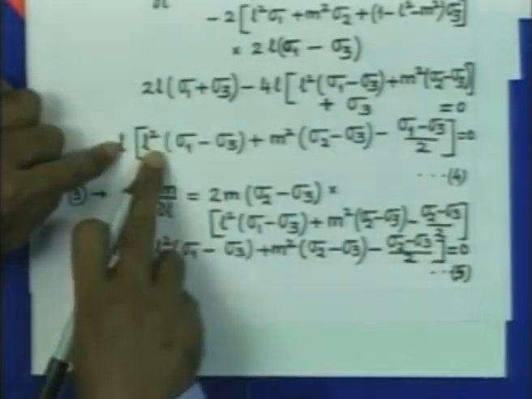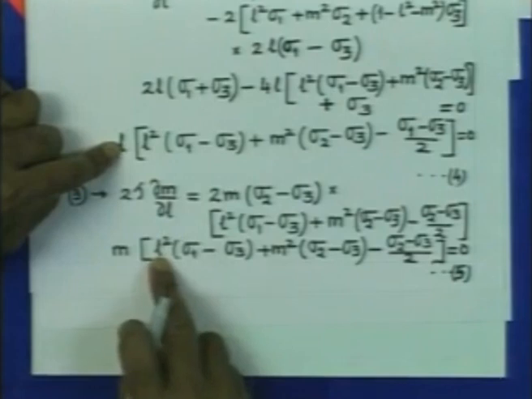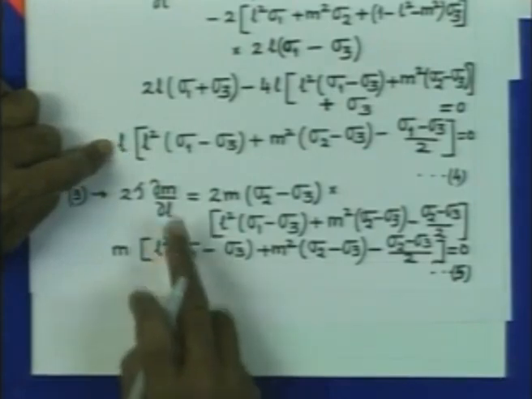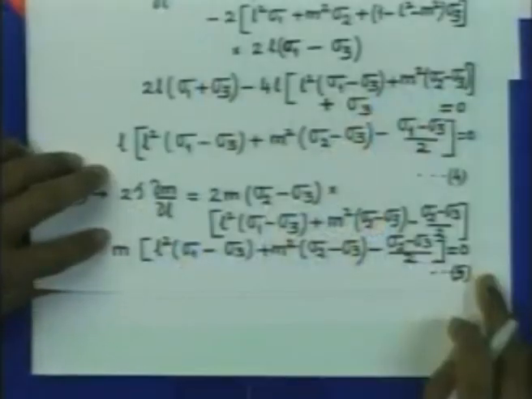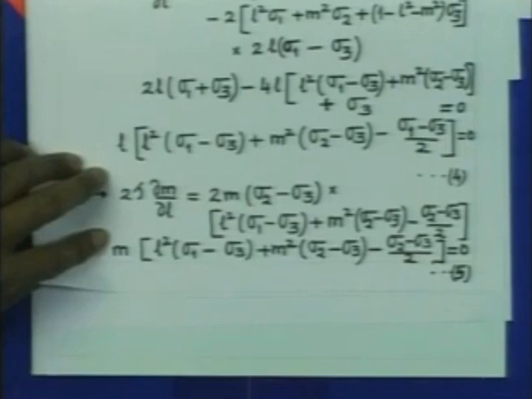So, with equation 4 and equation 5, you have two equations to solve for l and m, and you can make use of the relationship that l square plus m square plus n square equal to 1 to get n. By solving these two equations, you can see that immediately the solutions are l equal to 0, m equal to 0.